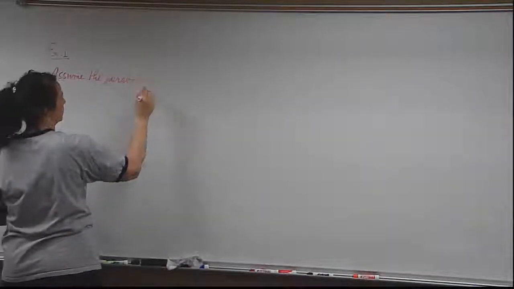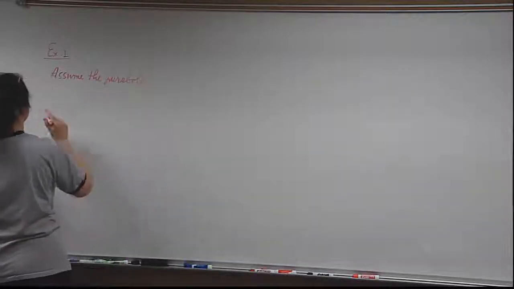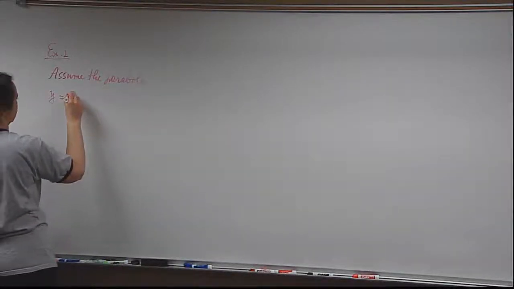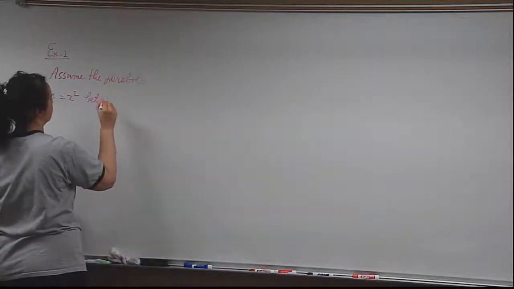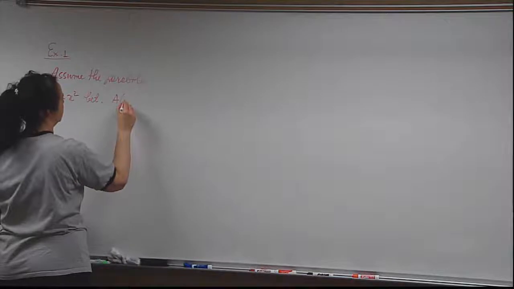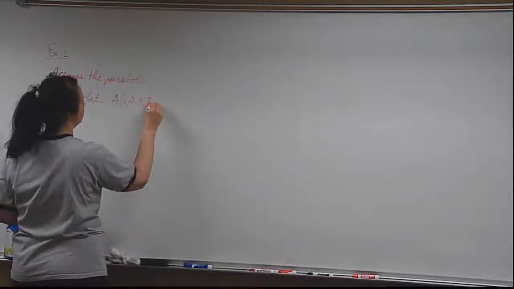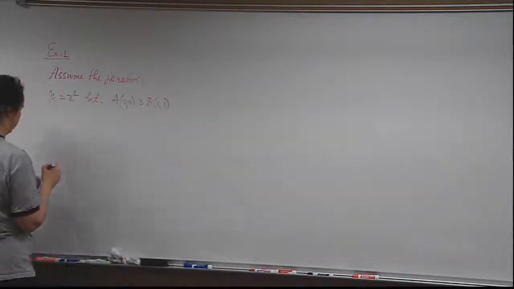So, exercise 2. Assume the parabola y equals x squared between point A of coordinates 0, 0 and point B of coordinates 1, 1.